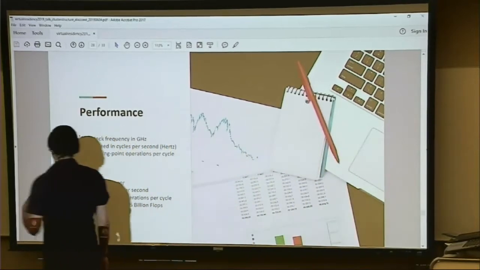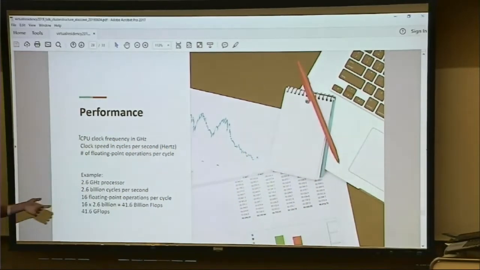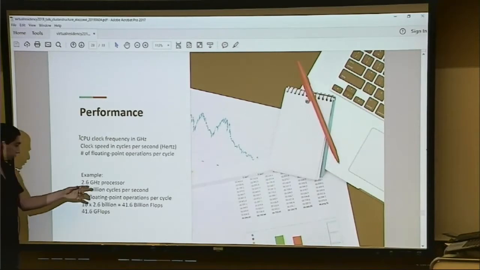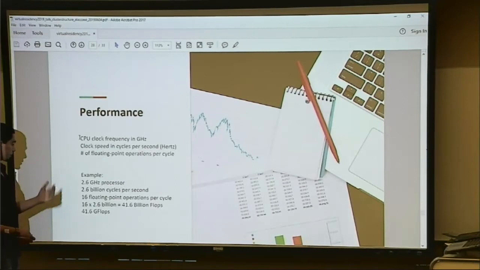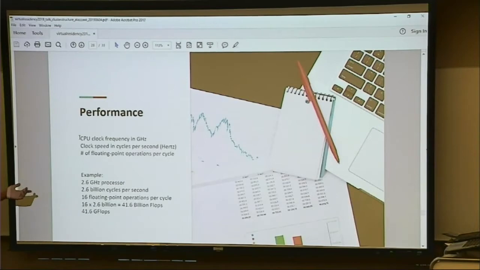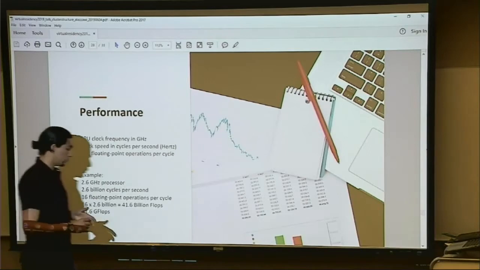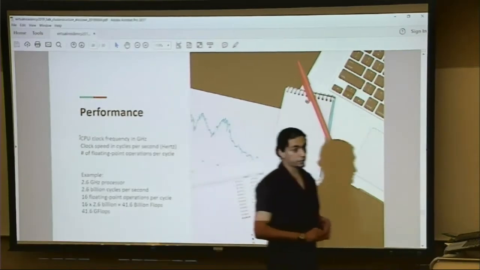The example here is if you got a 2.6 gigahertz processor, that will be 2.6 billion cycles. If your processor, and this is on a specific vendor, an Intel processor, the Haswell one, does 16 floating point operations, then this is how many billions, which is in gigaflops. So you have one processor that can do 41.6 or almost 42 gigaflops.